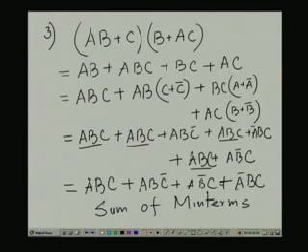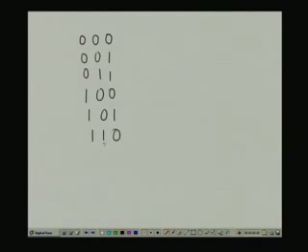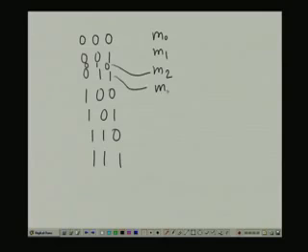Before that, another way we can represent this: the terms are ABC bar, AB bar C, A bar BC. Min term wise we can write 000, 001, 010, 011, 100, 101, 110 and 111. The last day we defined these terms as m0, m1, m2, m3, m4, m5, m6 and m7.